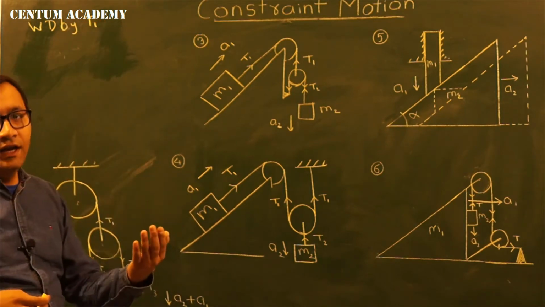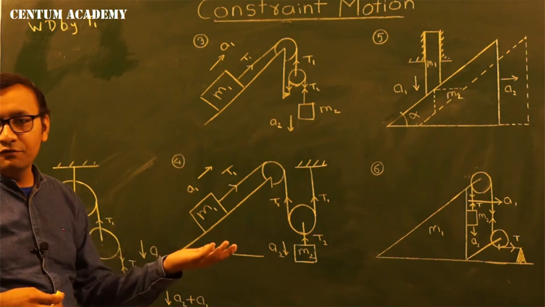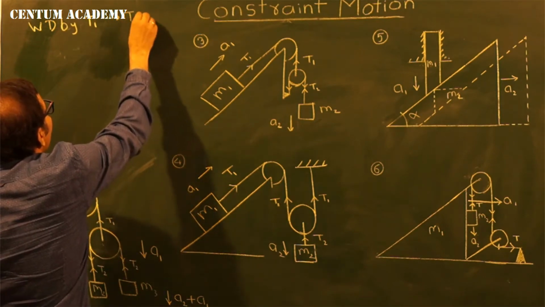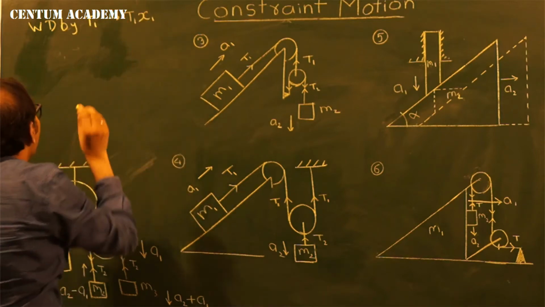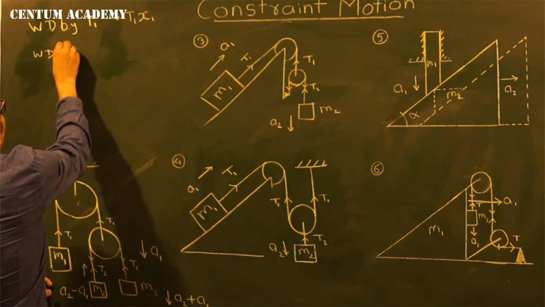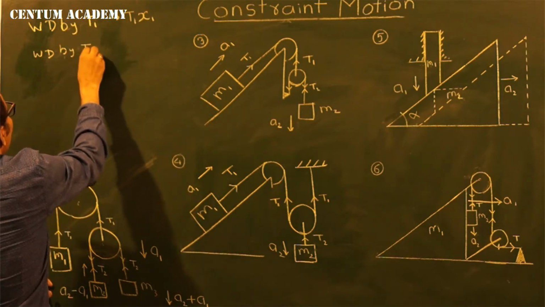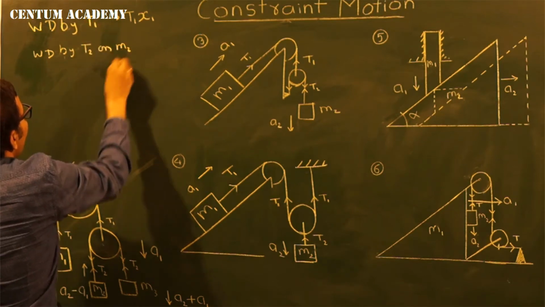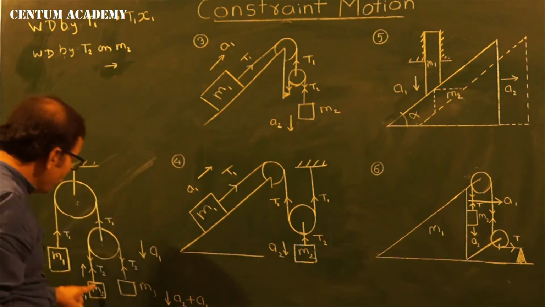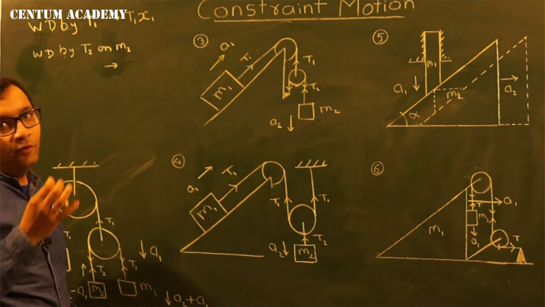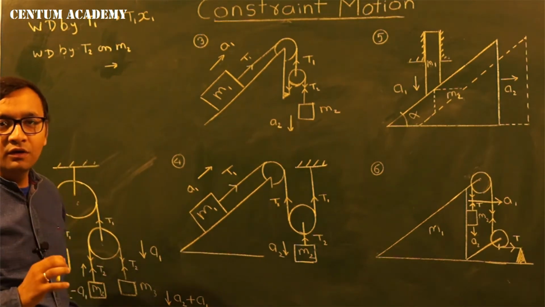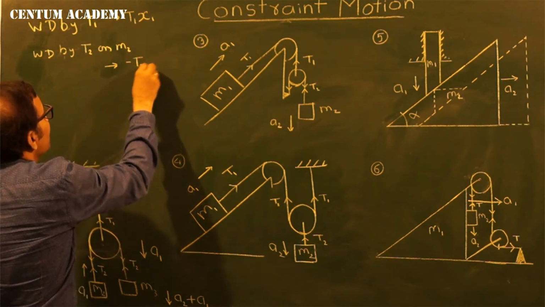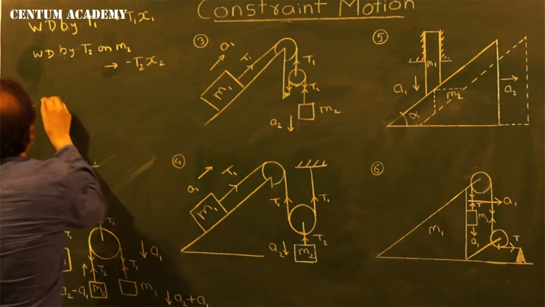T1 is the force, and the displacement is along the direction of force, which is x1. So the work done by T1 is T1 x1, right? And the work done by T2 on M2 is how much? T2 on M2 is upward and the displacement is down, which is x2. So this is minus T2 x2, right?